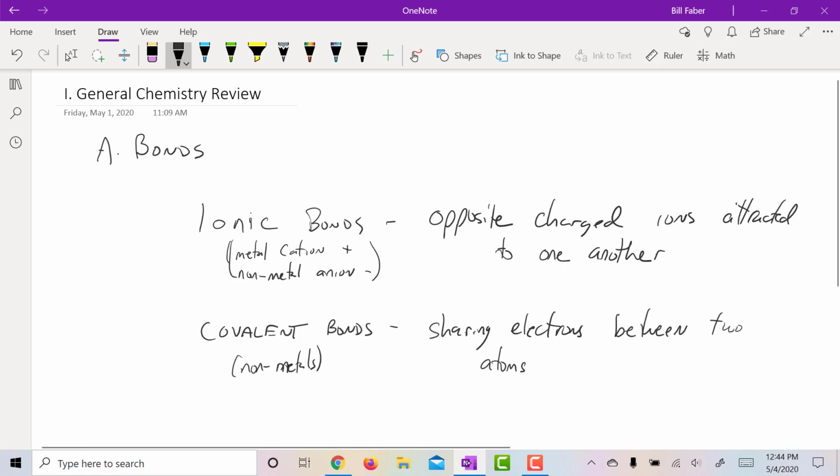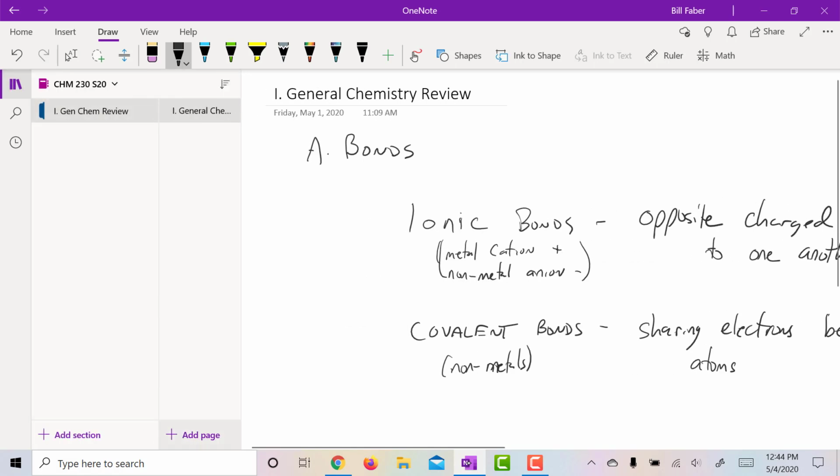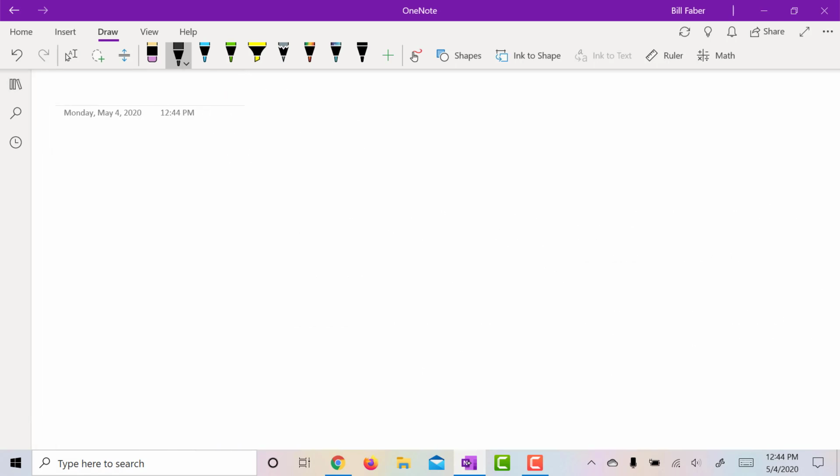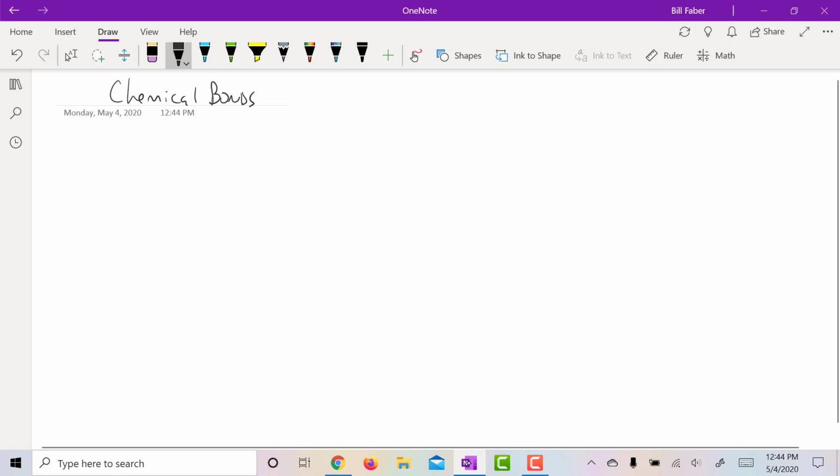But regardless of whether it's an ionic or a covalent bond, you should remember that it always takes energy to break a bond. So if you think of these chemical bonds, if you want to break them, it's always an endergonic process.